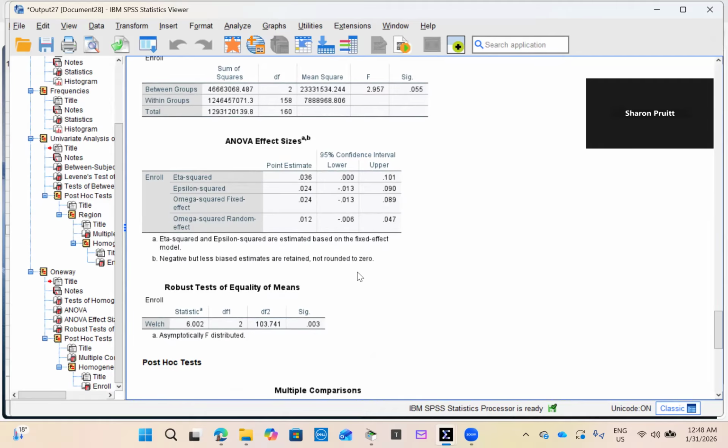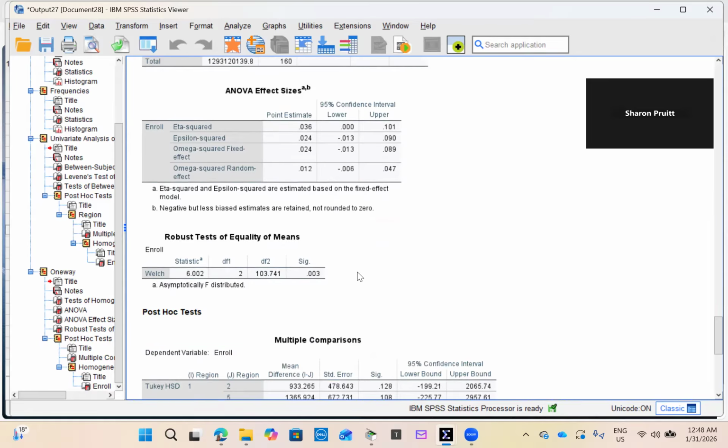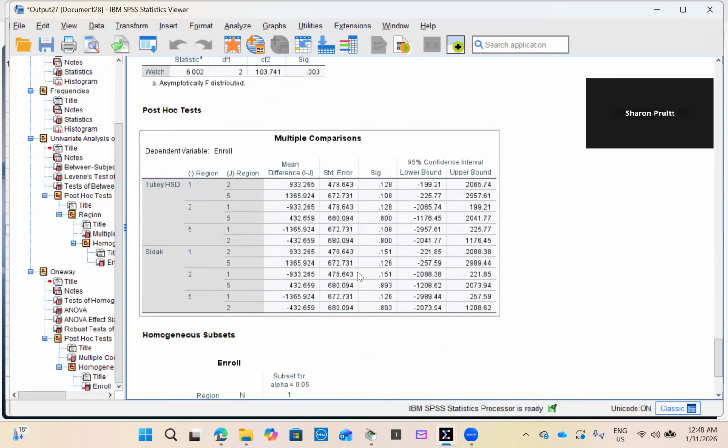Although the omnibus ANOVA was not statistically significant, I examined Tukey's HSD, which is the post hoc test required by my professor. Noting the SIG column, all Tukey comparisons between regions 1, 2, and 5 have p-values greater than 0.05.